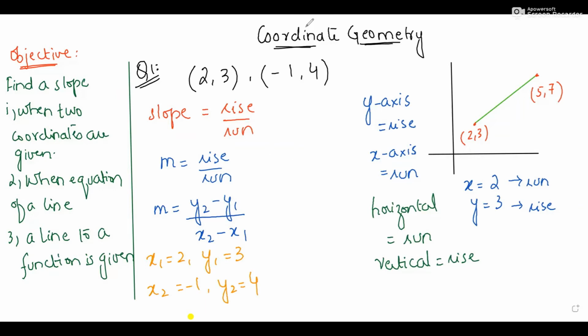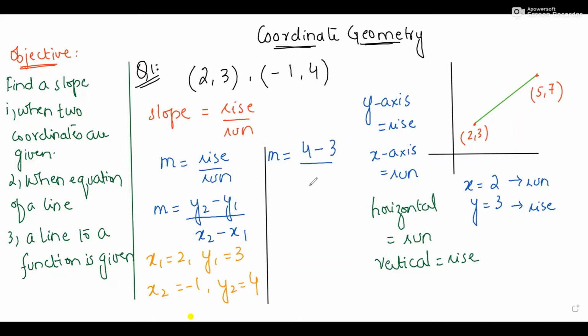Moving on, after solving, I'll get m equals y2 minus y1. The value of y2 is 4 and the value of y1 is 3.